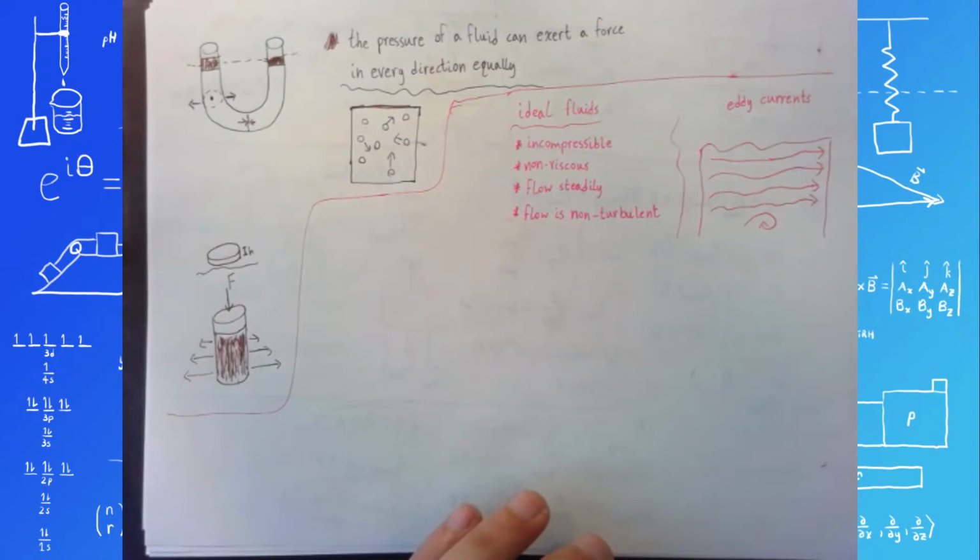I guess a good example of an eddy current would be, well, it's not really a good example, but an example nonetheless would be, imagine a car that's just driving against the direction that the road is supposed to go, and all the disruption it causes while it's going against where all the other cars are moving.